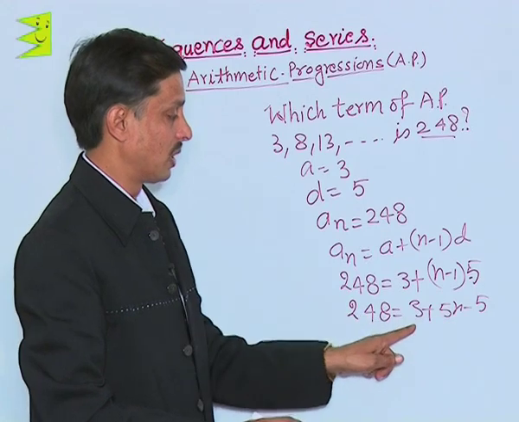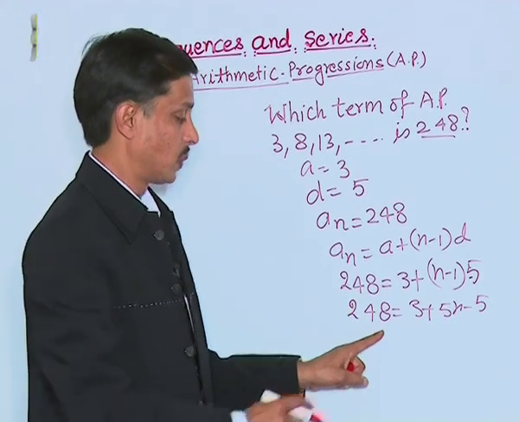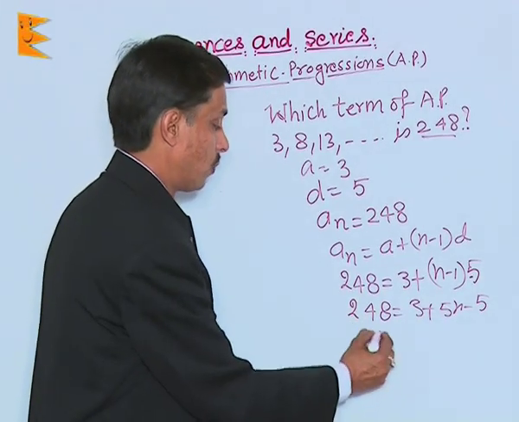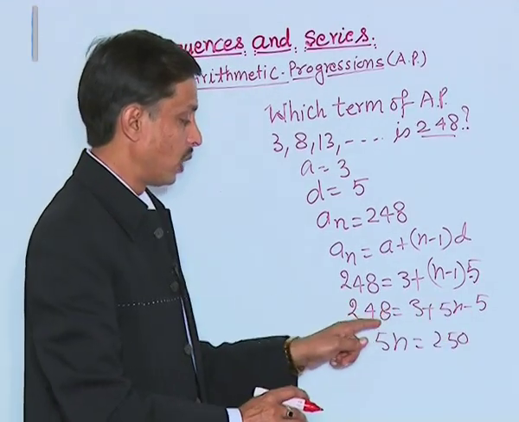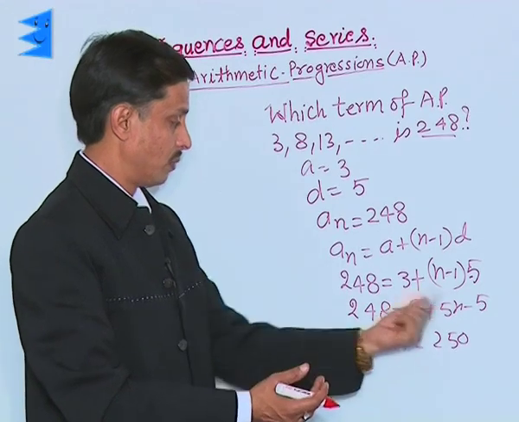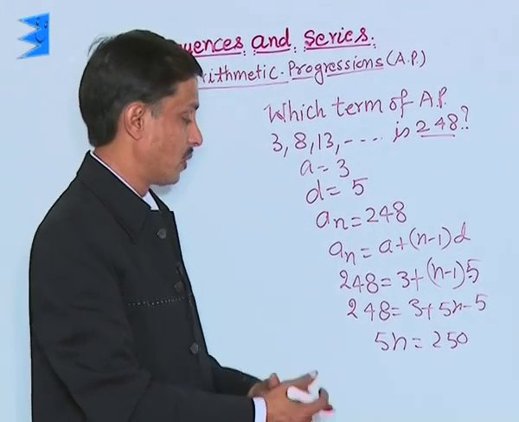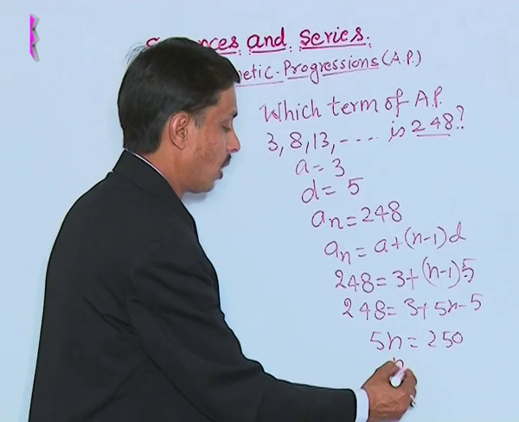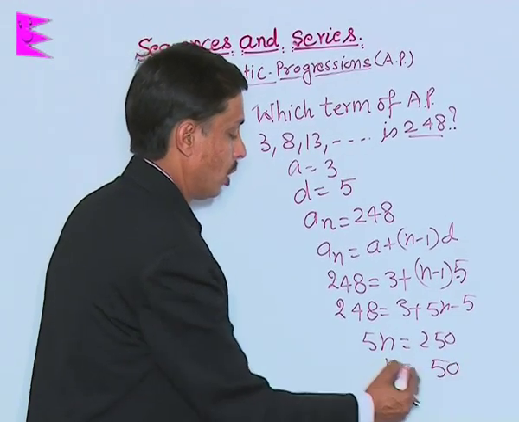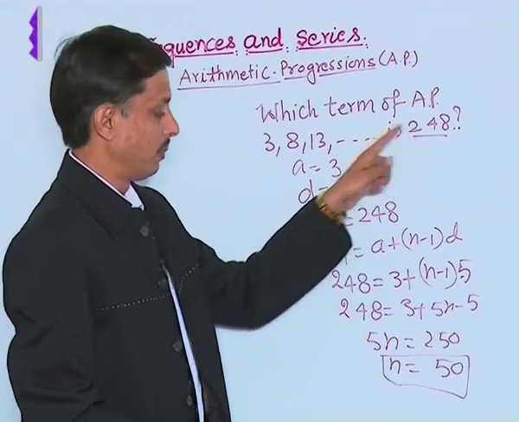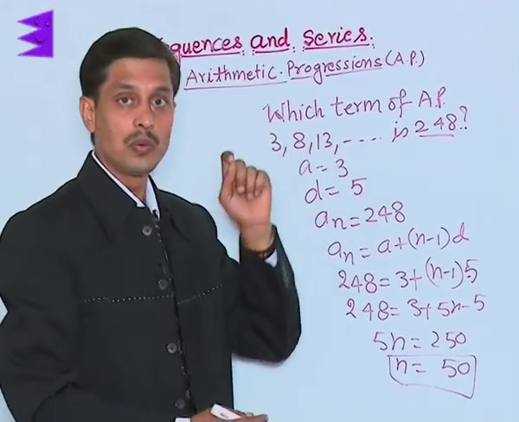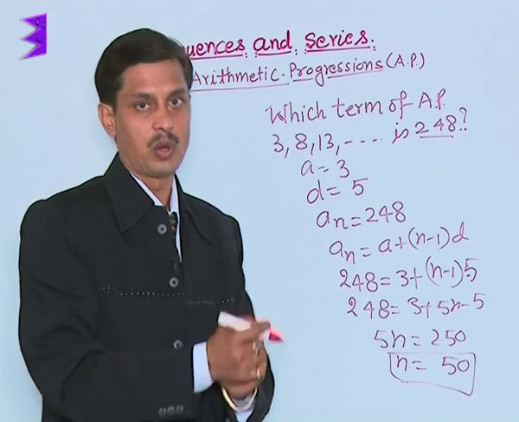Minus 5 plus 3 becomes minus 2. Transferring it gives us 5n equals 250, because minus 2 and 248 when added become 250. So the answer of n will be 50. So we can say that 248 will be the 50th term of this arithmetic progression.